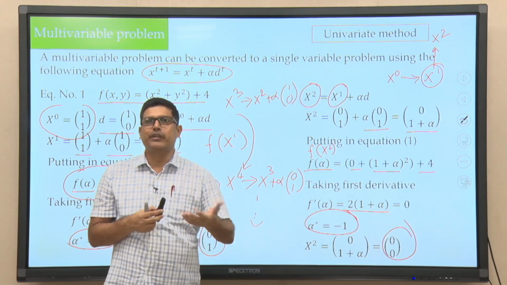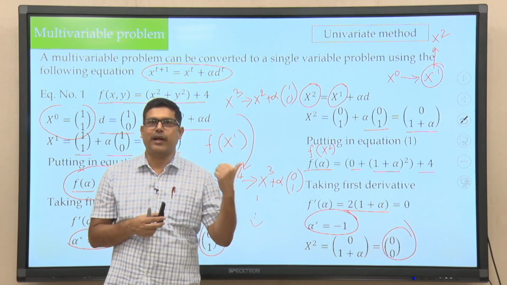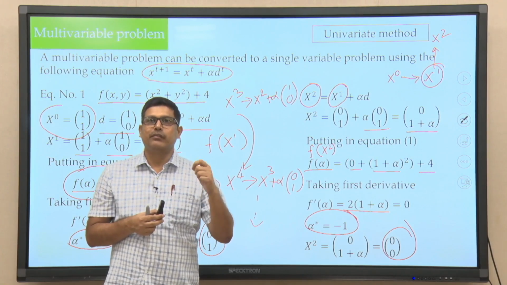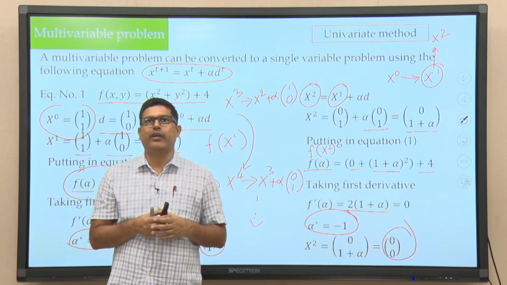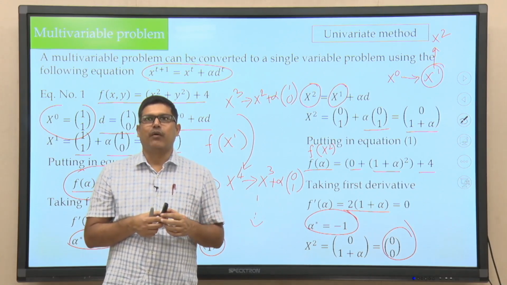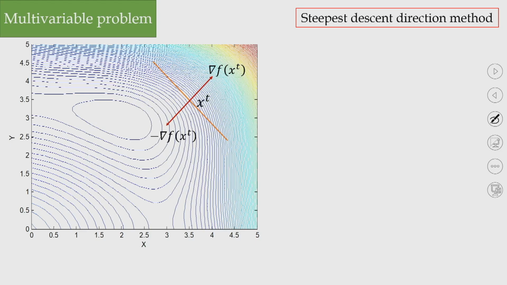You have to repeat this process until you get the optimal solution. And as I have mentioned, you can calculate the derivative after each iteration and check whether the derivative value is sufficiently small or not. Once it is small, you can stop your iteration.